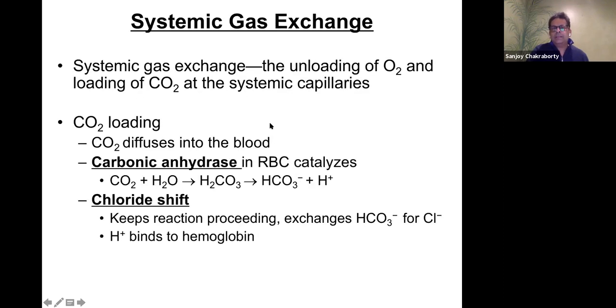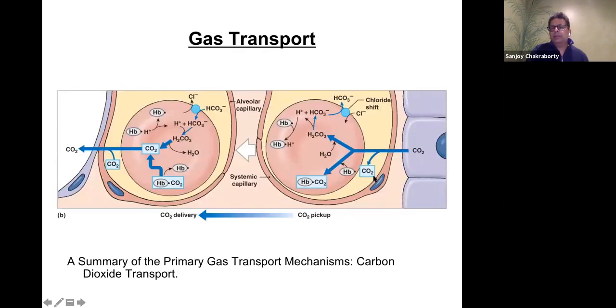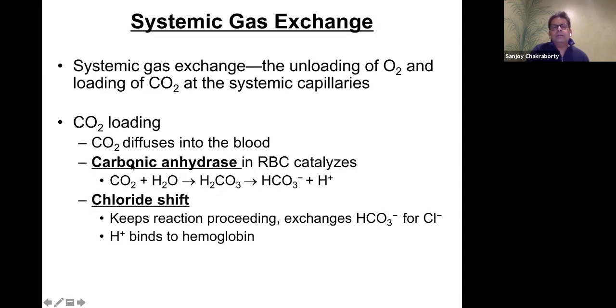So three things: 7% dissolves in blood plasma, 23% binds with hemoglobin, and 70% reacts with water because of the enzyme called carbonic anhydrase. When carbon dioxide reacts with water, it produces carbonic acid. That's why the enzyme is called carbonic anhydrase.